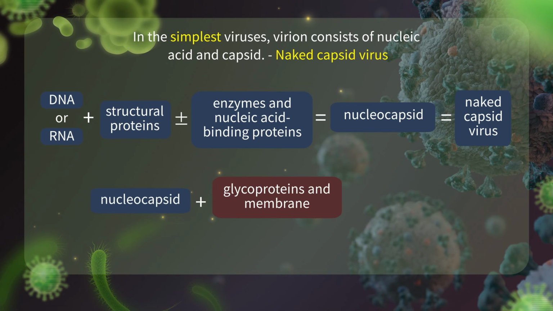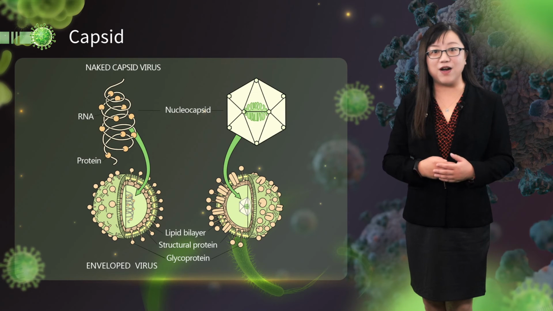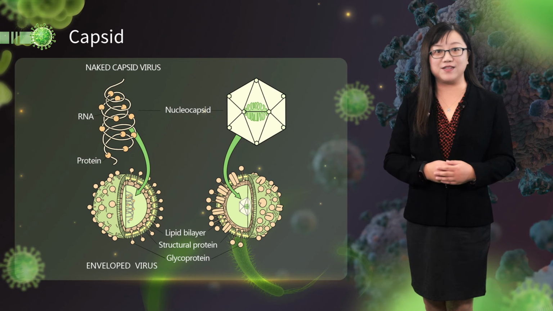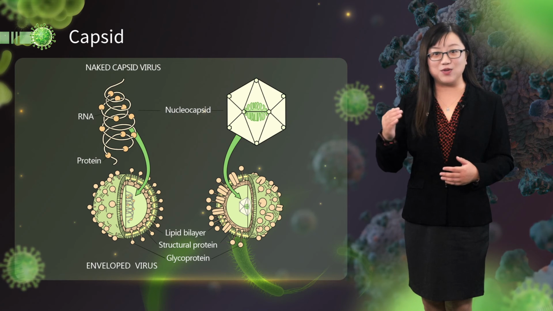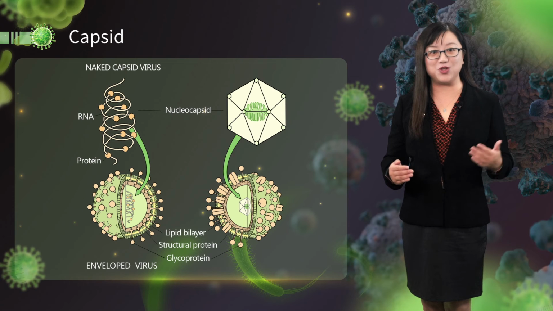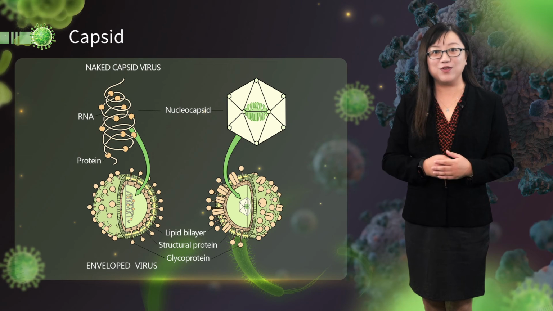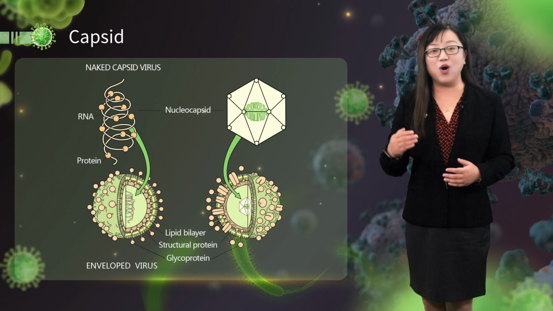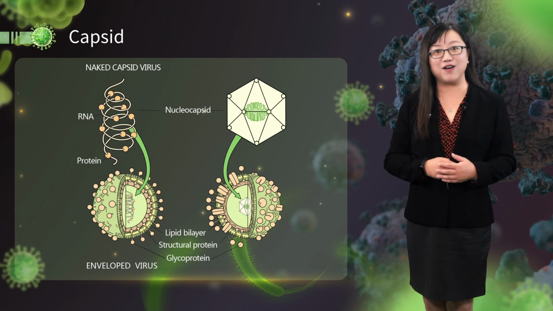Nucleocapsid and glycoproteins and membrane together are an enveloped virus. The naked virus and enveloped virus. The nucleocapsid could be icosahedral or helical symmetry. Helical nucleocapsids are always enveloped for human viruses.